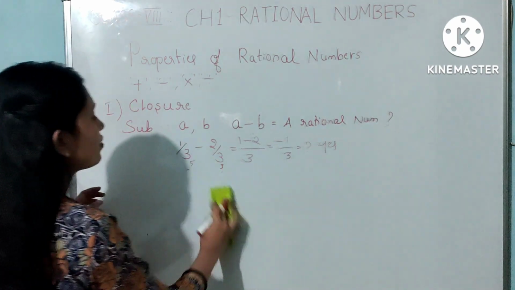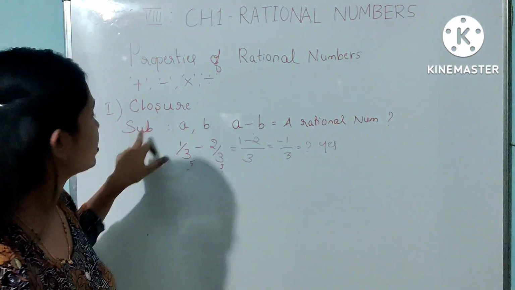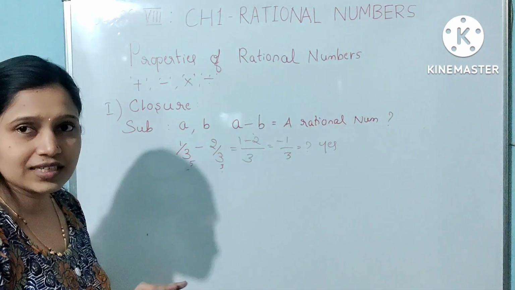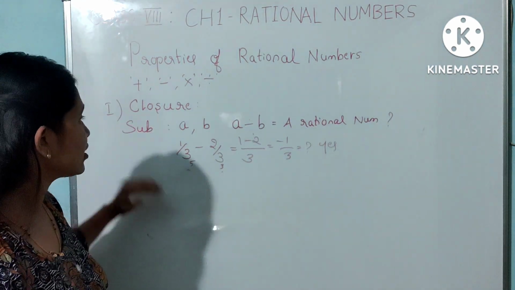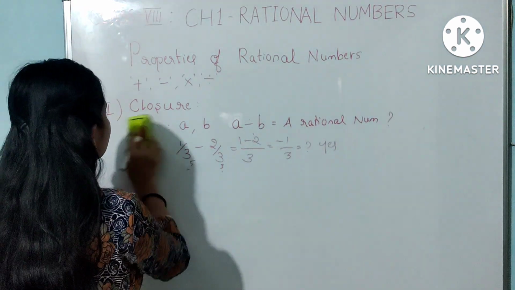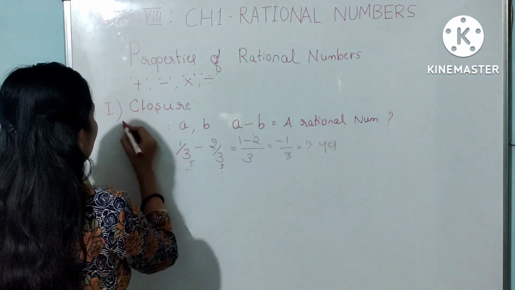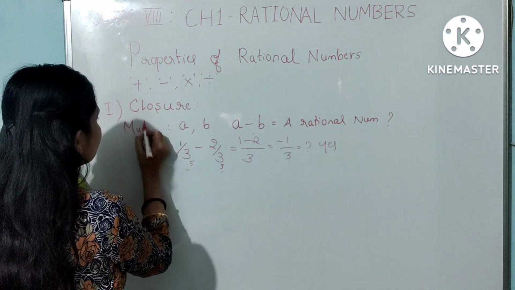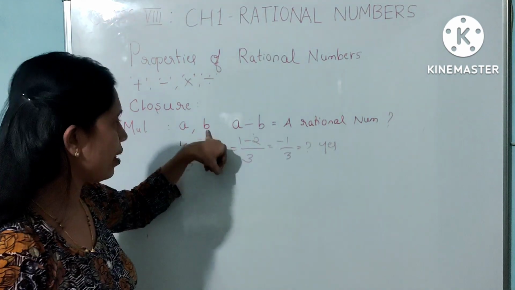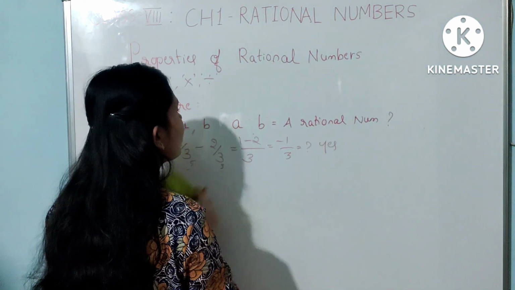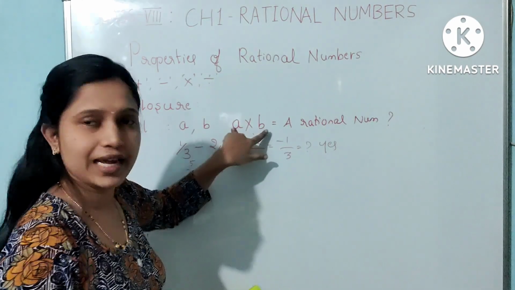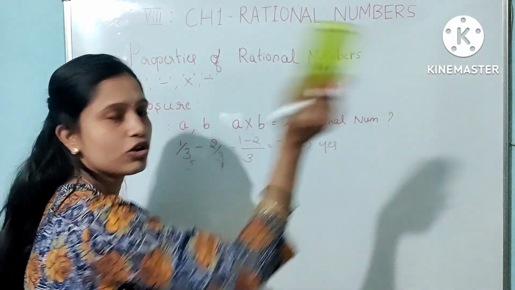So the closure property holds good for subtraction as well for rational numbers. We can say rational numbers are closed for subtraction as well. The next operation is multiplication. For a given two numbers a, b, is a cross b, the product of a and b, a rational number or not?